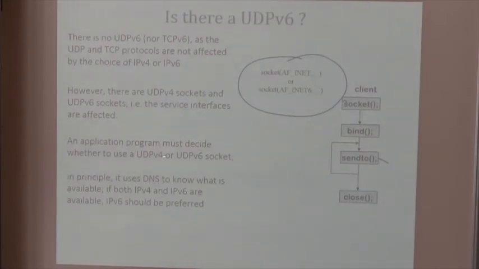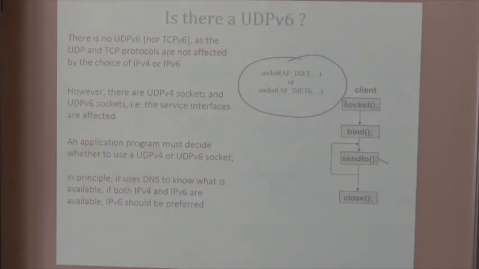Right. How do you know whether you use UDP over a socket that is v4 or v6? In principle, it's DNS that will help you. So your application program, when you connect to a machine that's identified by a name, first needs to find what's the IP address.